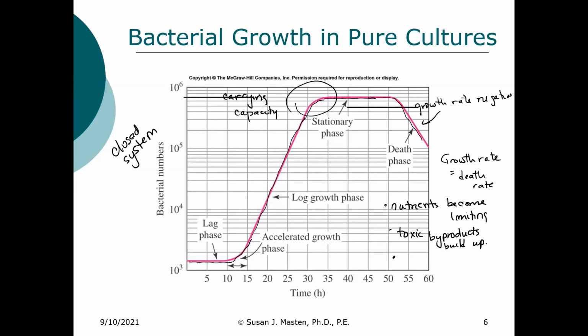When you're stressed, and this goes for the red pine, the cedar, or us, disease organisms are much more likely to proliferate. You get sick. The fact that the nutrients are becoming limiting and the toxic byproducts are building up results in stress, which makes the organism more susceptible to disease.